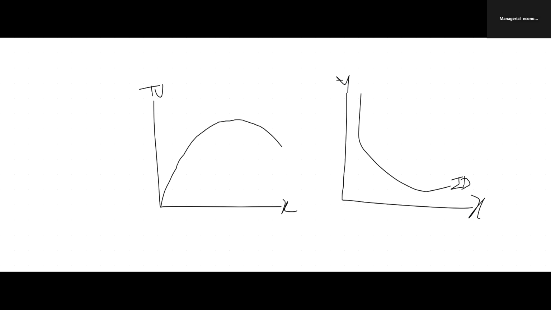So in that sense, the consumer would not like to sacrifice good Y in order to consume an additional unit of good X after a certain level. So that's the reason why the indifference curve is like this. Even in a practical scenario, you would like to have more of what you have less.